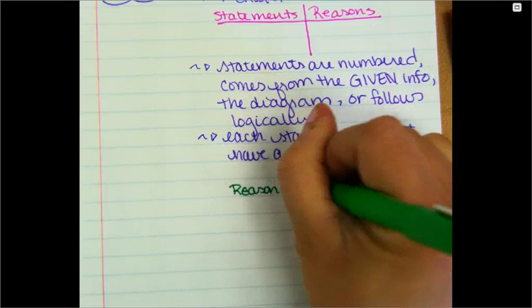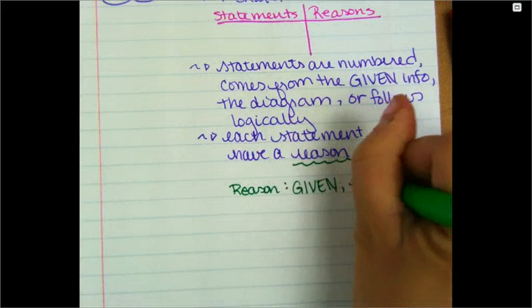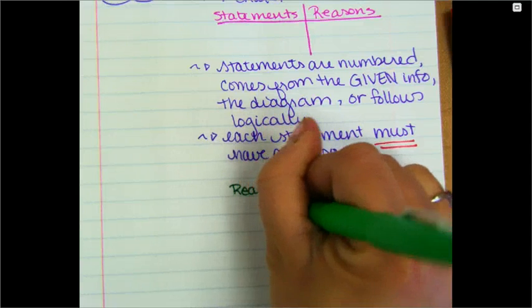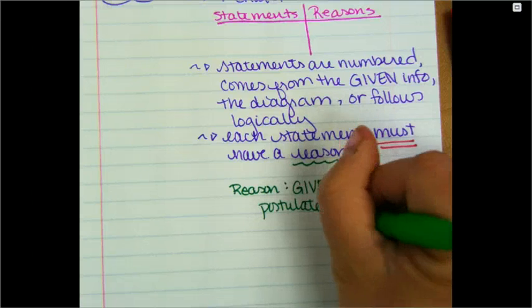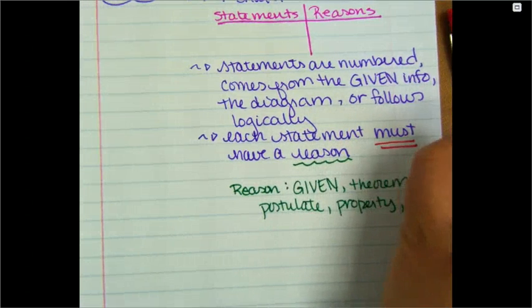It could be a given. And I'll show you what that means in a minute. It could be a theorem. It could be a postulate. We talked about the perpendicular postulate the other day. Or it could be a property. Or just a definition.